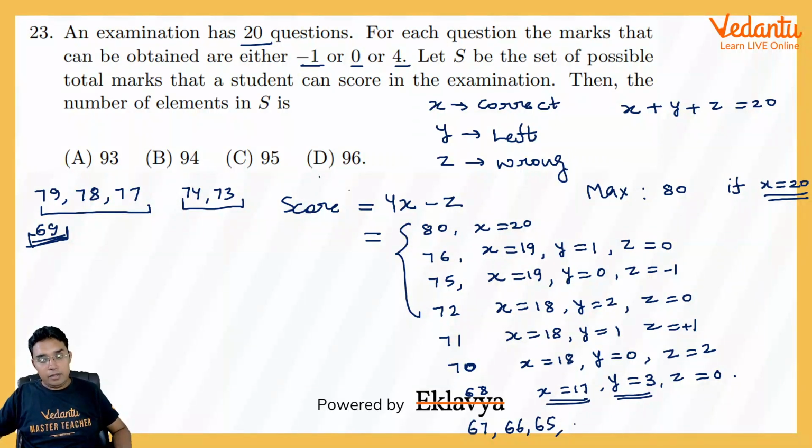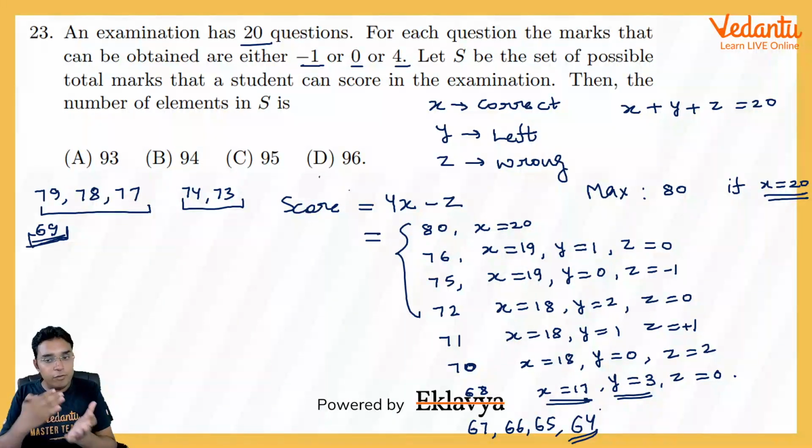And then next will be 64, which will be possible when X is 16, that is 16 questions are correct. Now, if 16 questions are correct, you have either left 4 questions or done them wrong. Because you have the liberty of switching values of Y and Z between 0 to 4, I think we will be able to get all the possible marks from 64 to 0.